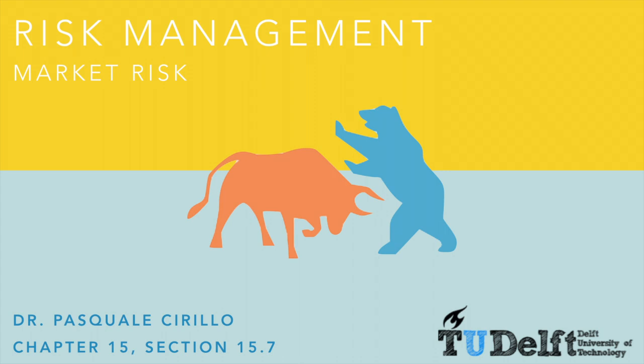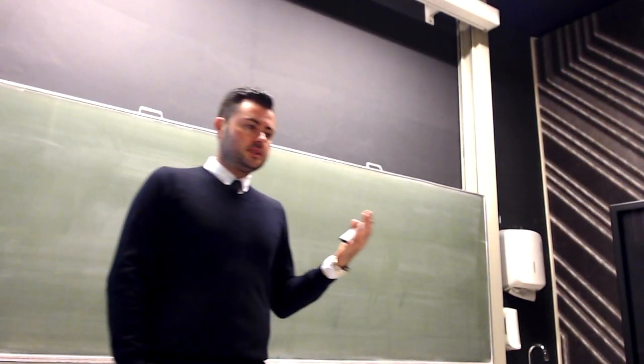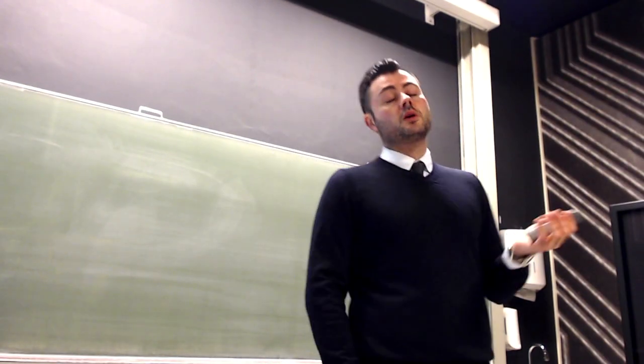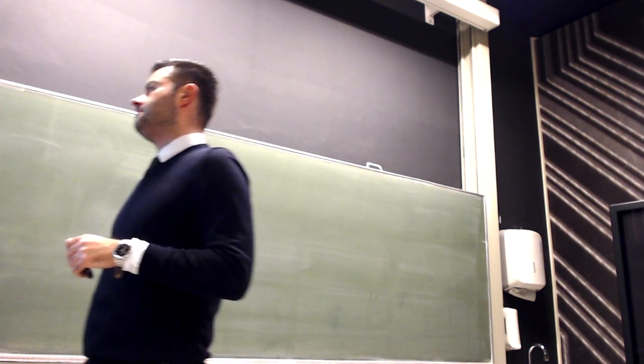Market risk, together with credit risk that we covered before the holidays, is one of the main risks that we find in the Basel framework within the first pillar, in the minimum capital requirements.